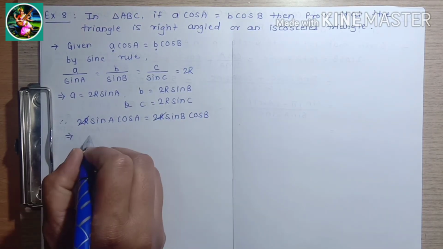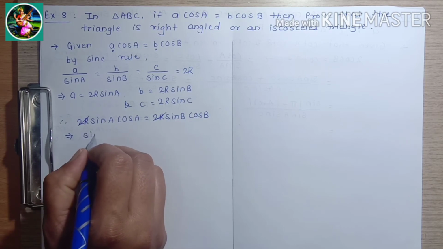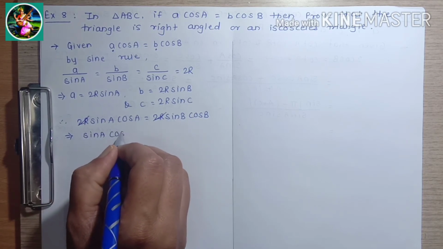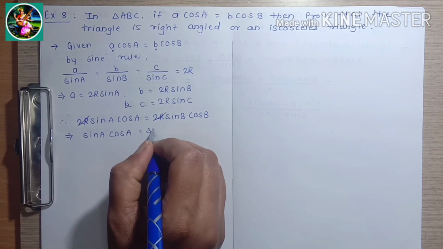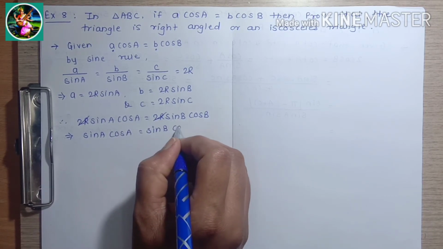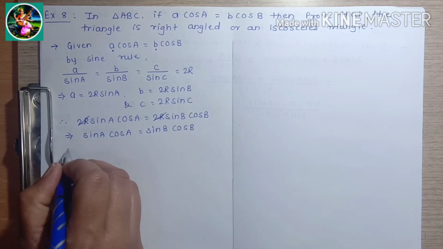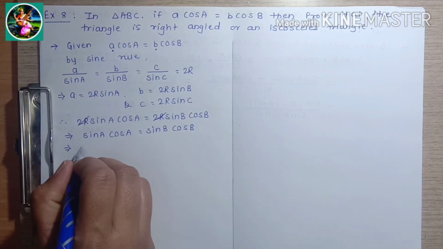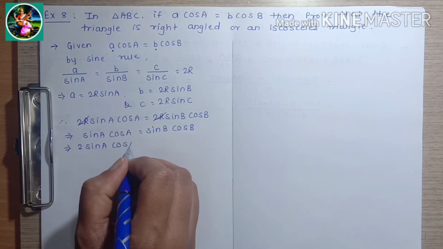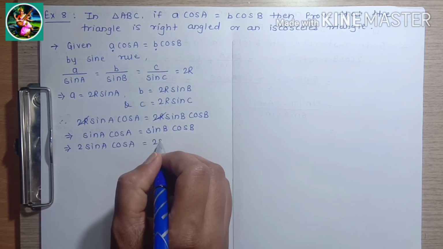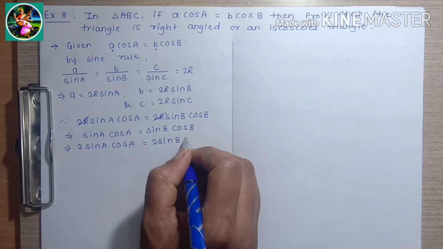Here we get sin A cos A is equal to sin B cos B. Again here we multiply 2 on both sides. We get 2 sin A cos A equal to 2 sin B cos B.